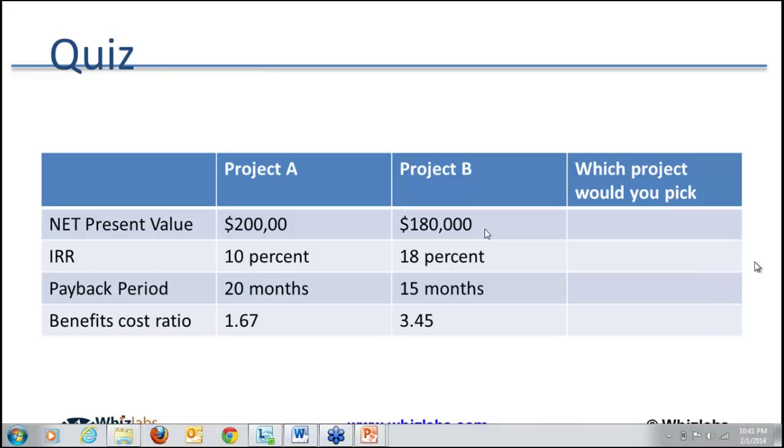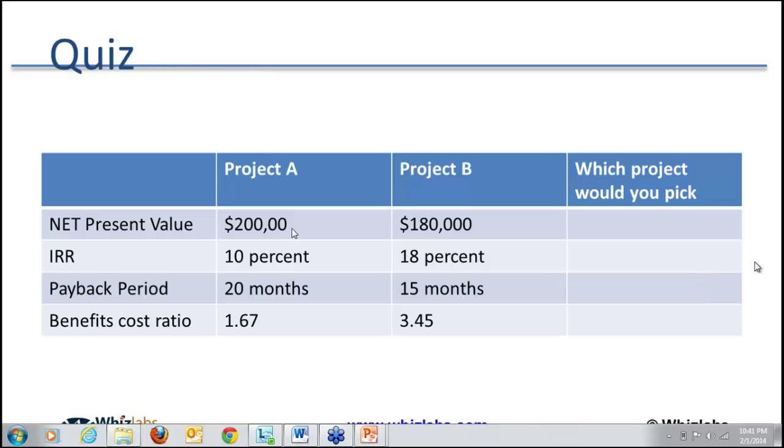Great. So in case you are getting 200,000 in 10 years, and project B is getting 180,000 in 1 year, will you still go ahead with project A or project B? Still, I will go with project A only. Great. This is what I was trying to explain about net present value.